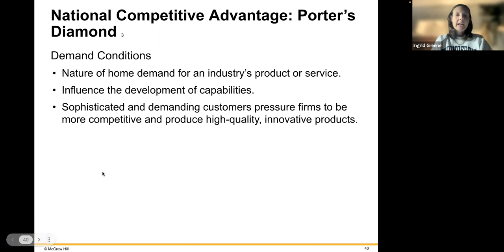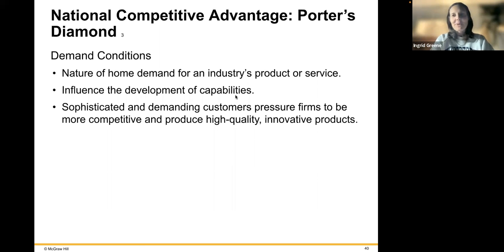The next one, the second part of the diamond, are demand conditions. And this is the nature of home demand for an industry's product or service. So again, what are they demanding at home for a potential product? They influence the development of capabilities. And sorry, I jumped ahead.